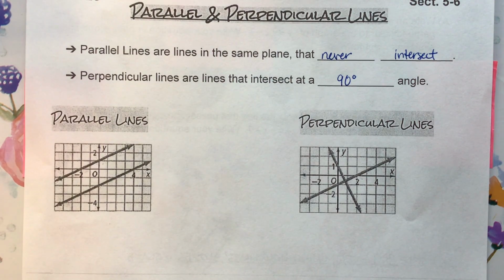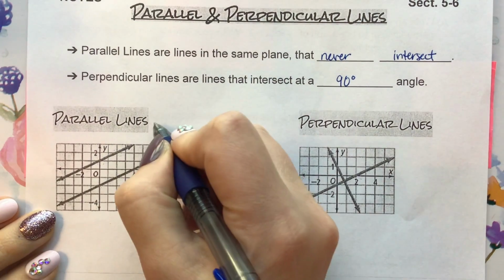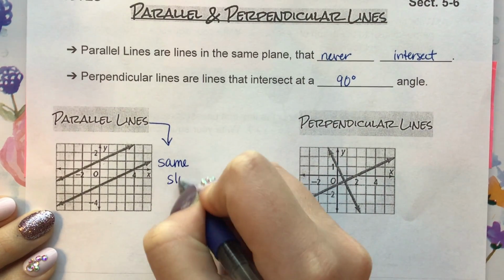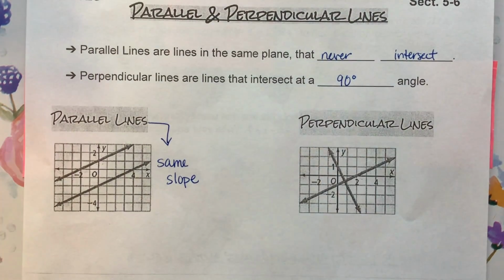Now there is a special quality about their slopes that is going to help us determine if lines are parallel or perpendicular. Parallel lines have the same slope, meaning they go in the same direction.